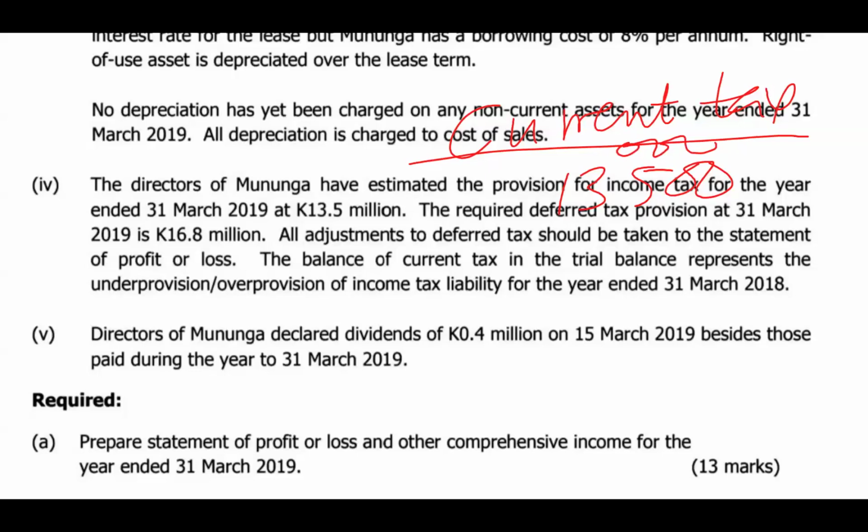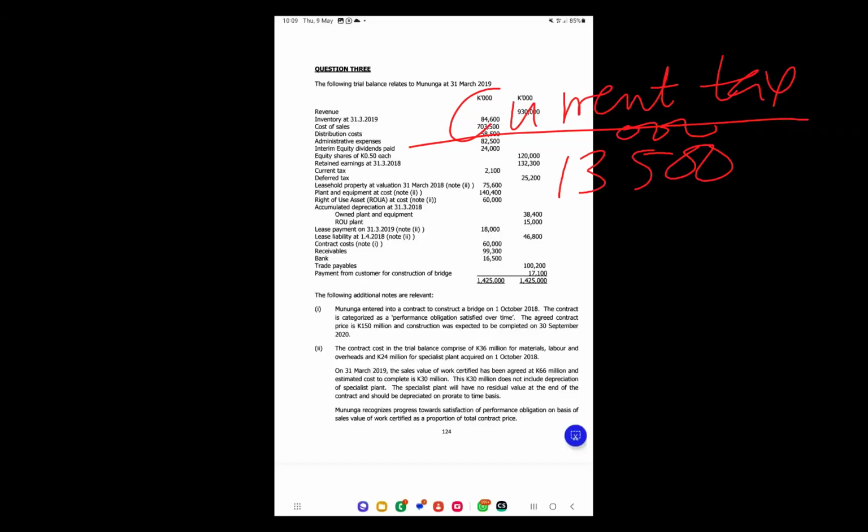So now, you have to get back to the question. What does the question say? In the trial balance, we have the current tax.